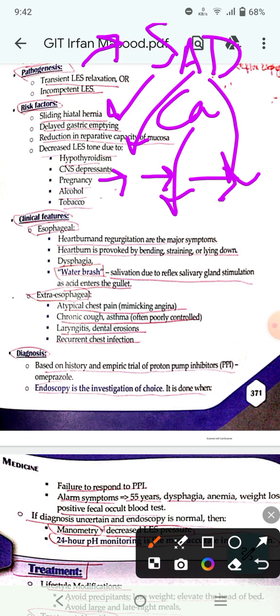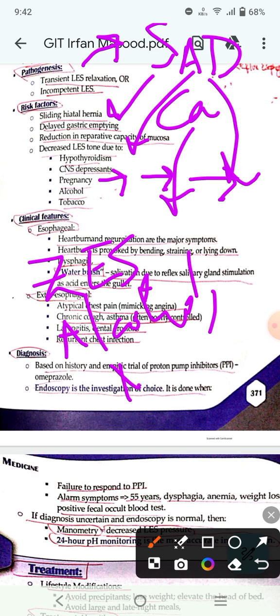The third thing I told you was that there can be increased HCl production, and increased HCl production can occur in situations like Zollinger-Ellison syndrome, or if someone is an alcoholic, or a smoker, or is using NSAIDs. All of these factors are responsible for causing increased gastric acid or HCl production, and it is ultimately associated with GERD.